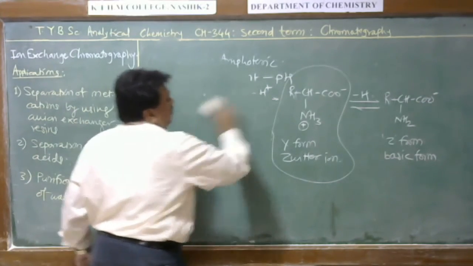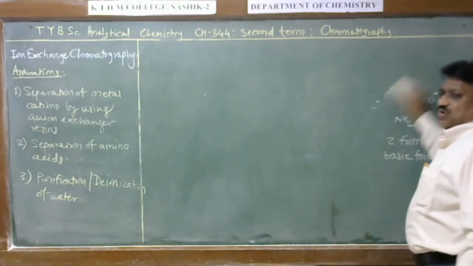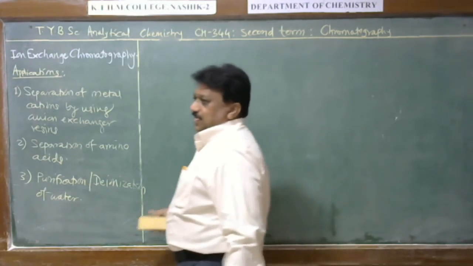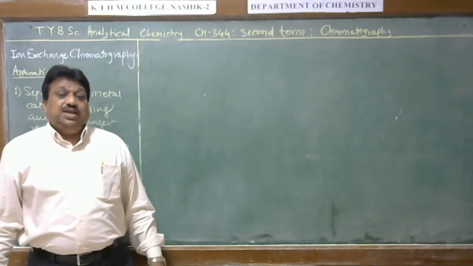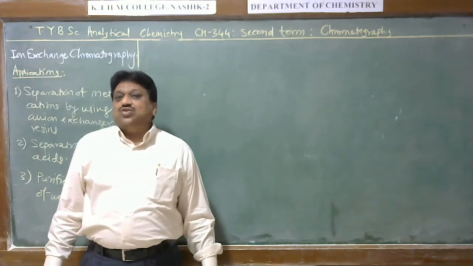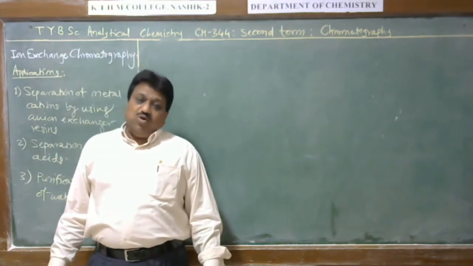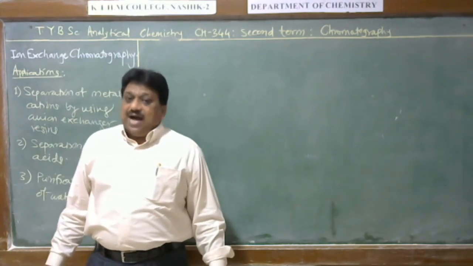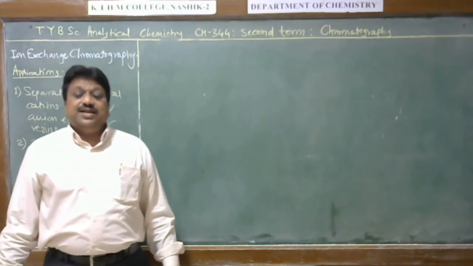The next application of ion chromatography is purification of water, or deionization of water. Ion exchange chromatography has a great application in separation of ionic compounds, and that application is also useful for deionization of water. The removal of ions from water can be done by using an anion or cation exchanger resin.